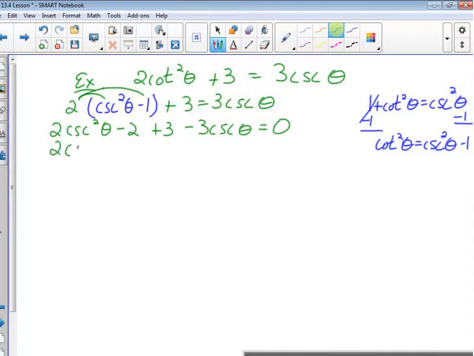So cleaning it all up, 2 cosecant squared theta minus 3 cosecant theta plus 3 equals 0. Or really, we have 2x squared minus 3x plus 3 equals 0.